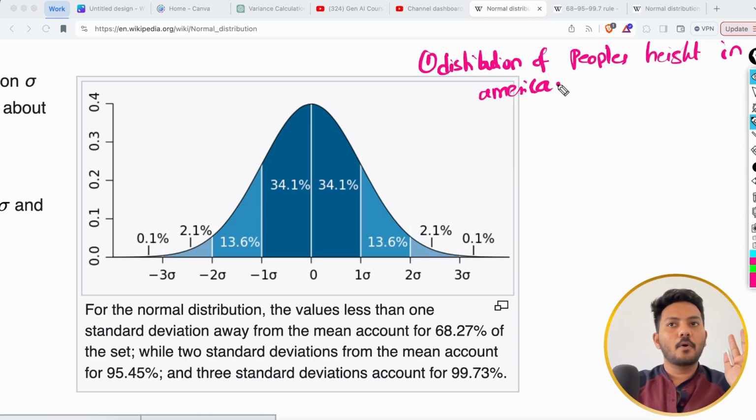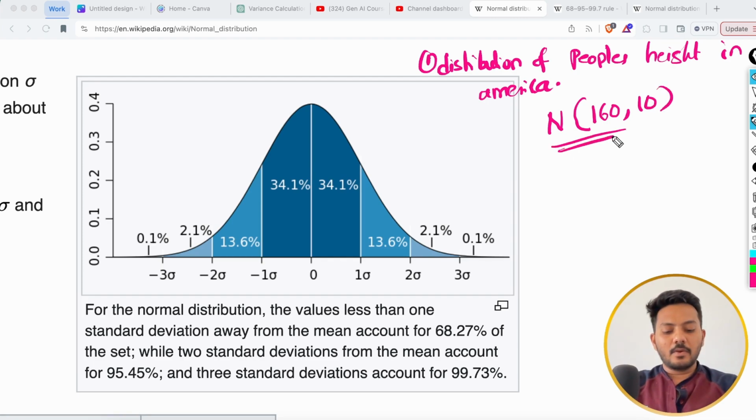I'm not sure how many points there are or how many people they measured, but they told you that this distribution follows a normal distribution with mean 160 and variance 10, or maybe you can say sigma square is 100, which is the variance, and if I have to calculate the standard deviation, it is 10. So let's say I have a population of people's data in which the distribution follows a normal distribution with mean 160, sigma square 100 and standard deviation 10.